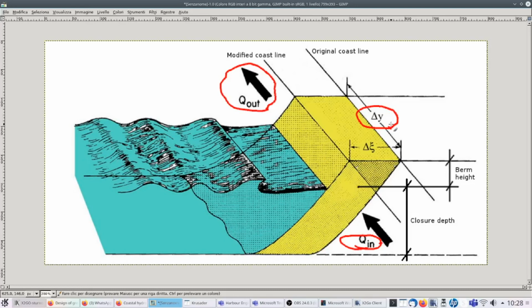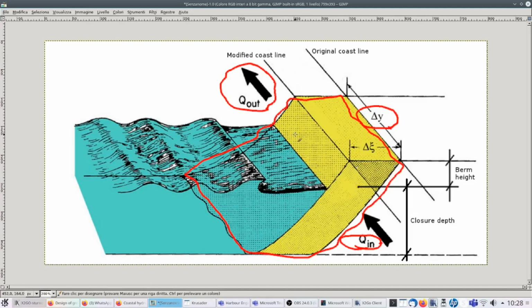By computing Q in and Q out, and by computing the difference between them, Q out minus Q in, we get an estimate of the value of this yellow volume, which I am trying to circle with the red pencil.